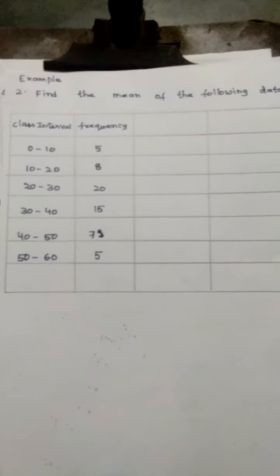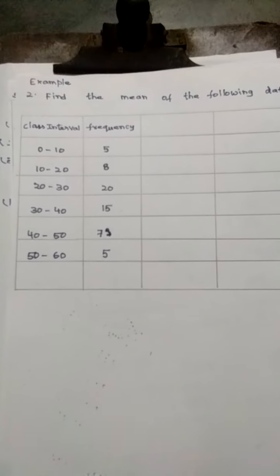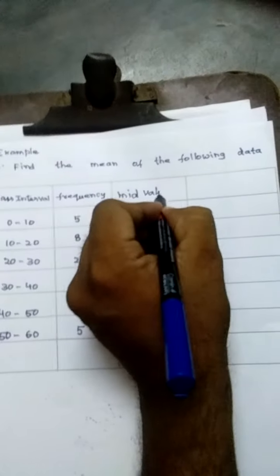Suppose we take another example. Find the mean of the following data. Class interval and frequency are given. So we have to find mid value xi and fi xi.